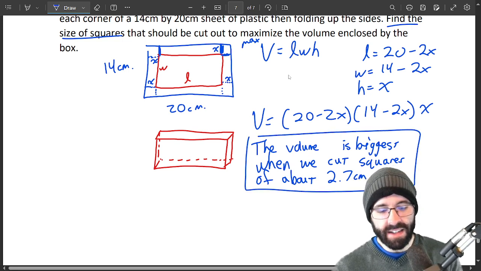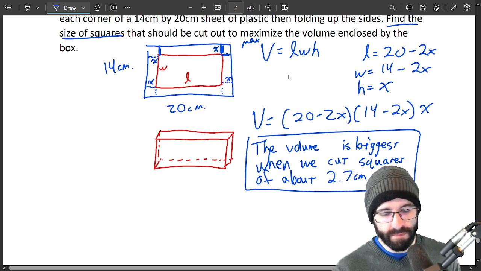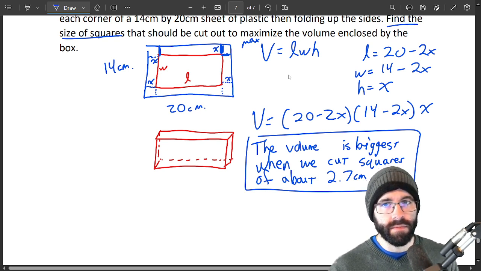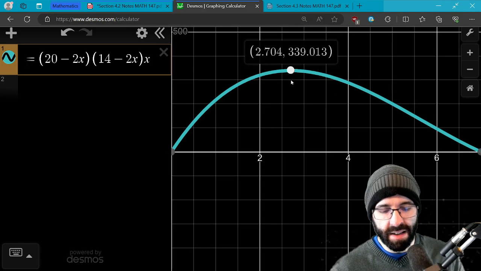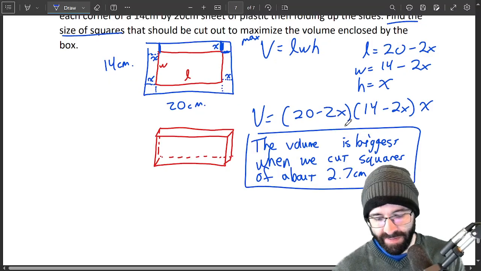That's what it asked us. It asked us to find the size of the squares that should be cut. There we go. We did it. And again, we know the maximum possible volume, 339 centimeters cubed, but we weren't asked that.